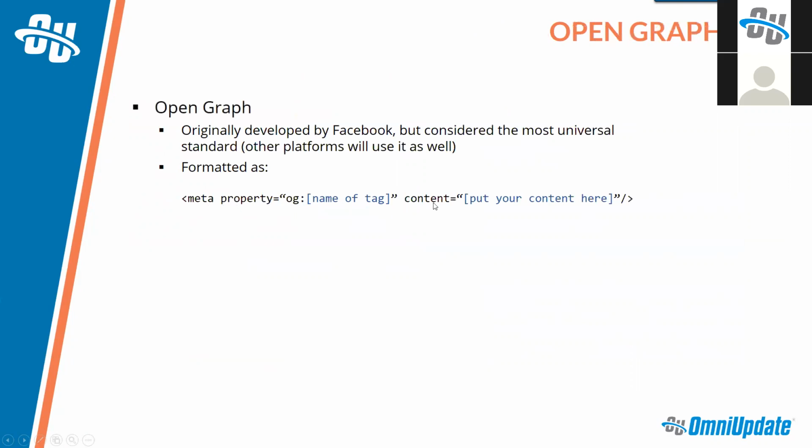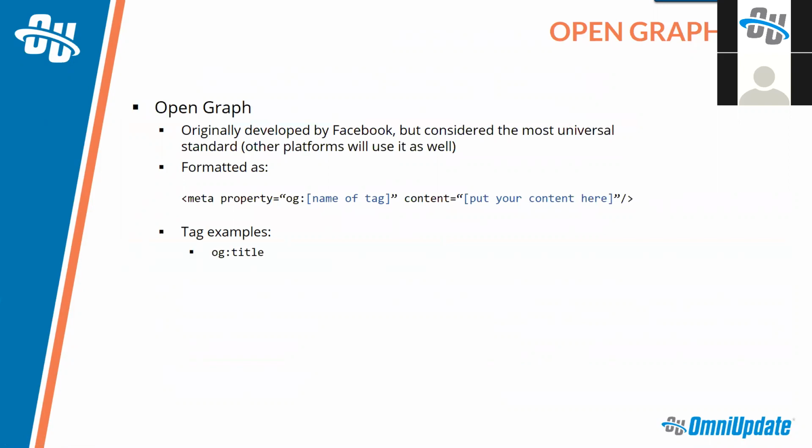And then just like any other piece of metadata, you're going to put your content inside of a content attribute. And that's all going to go inside of the head tag with all of your other metadata. So likely you're going to have several of these meta property og blah, blah, blahs based upon the content you want to deliver.